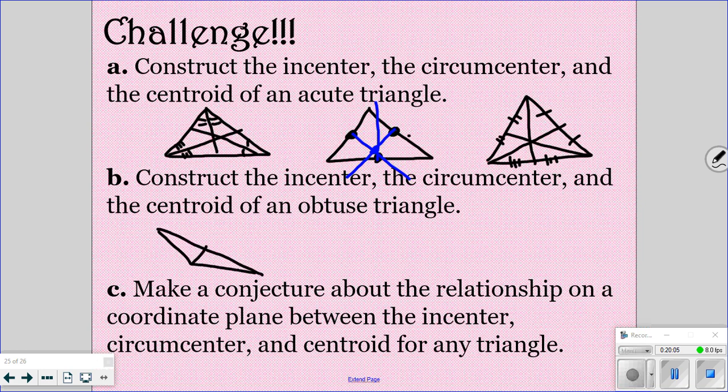So your incenter, those angles are congruent. These angles are congruent. And then those angles are congruent. So there's your incenter, as best I can draw it. Your circumcenter is going to be on the outside of your triangle for an obtuse figure. So we'll say that's your midpoint for each side, and then they're going to be perpendicular.